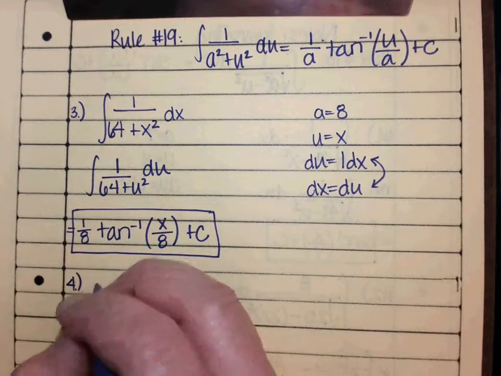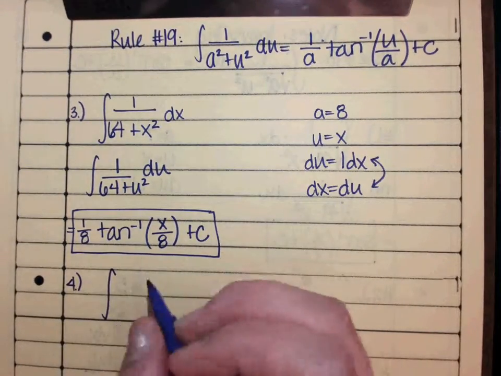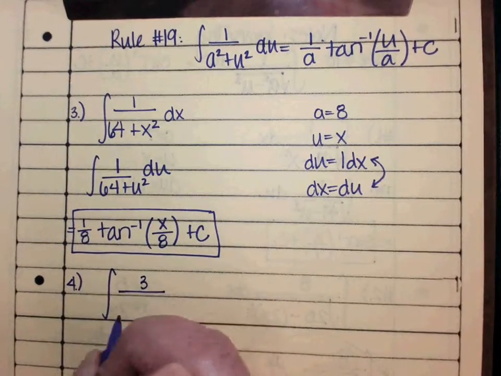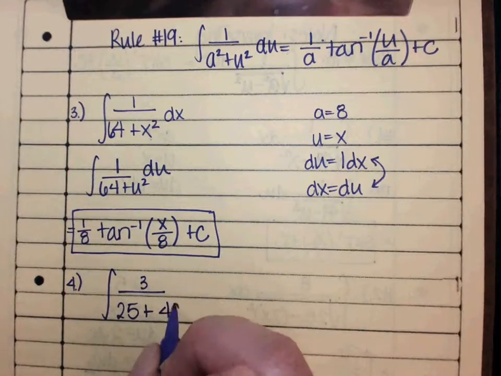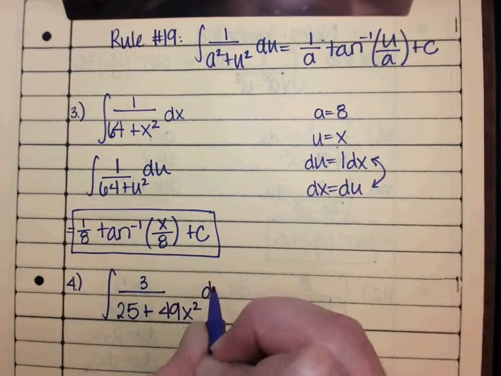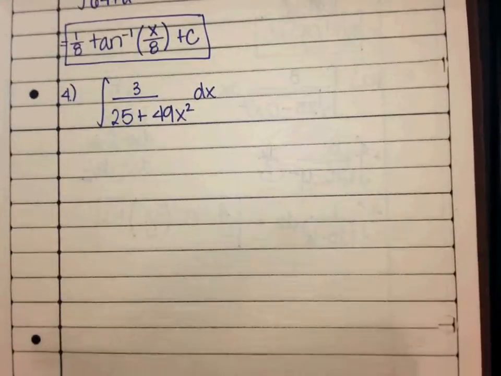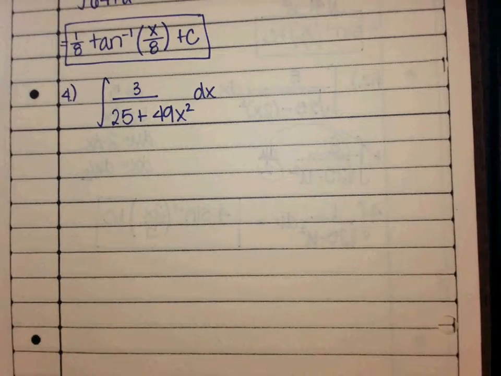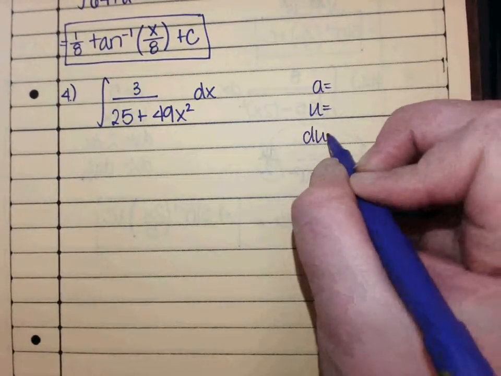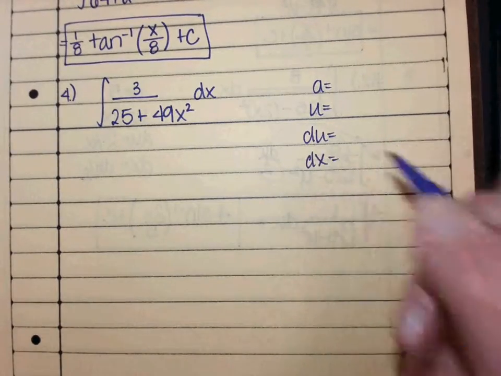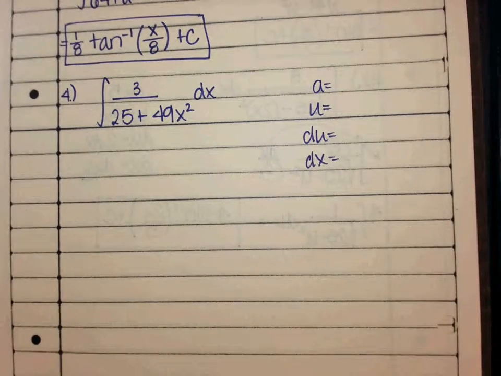Integral of, let's make it 3 over 25 plus 49x squared. You need to find your A, your U, your DU, and your DX. Think about your formula.